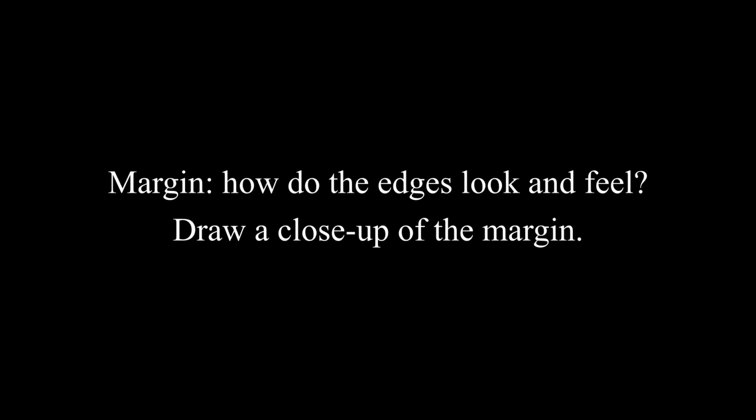It's like if it were dark in front of you and a bunch of light was coming in from behind, what does that outer shape look like? Or if you put it down on a piece of paper and traced it, that outer shape is what we're looking at. Margin is what do the edges look like and feel? Draw a close-up of the margin.